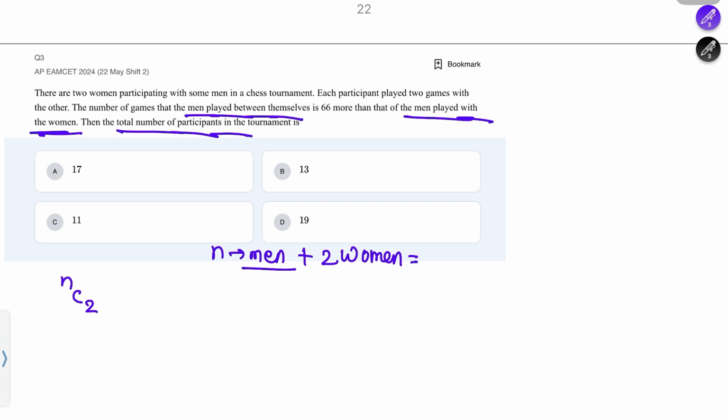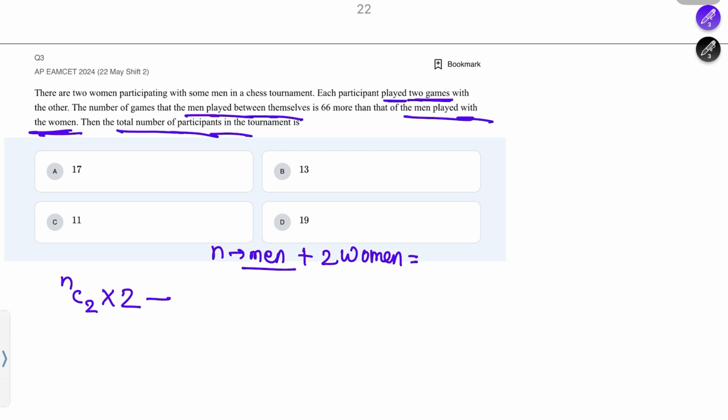Okay, so firstly the men play between themselves: nC2, because there are n men and two players are required in one game. And it is multiplied by 2 because each pair plays two games. And subtract the games the men play with the women. So how many possibilities for the men playing with the women?